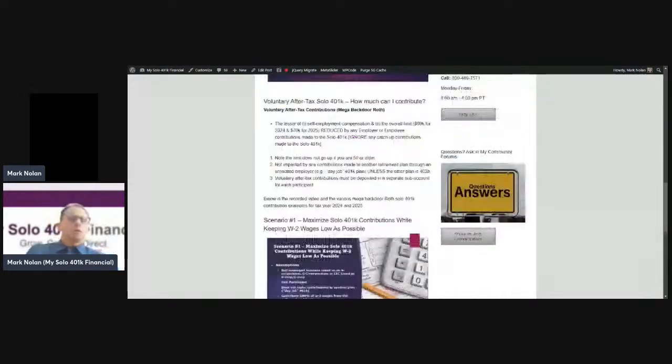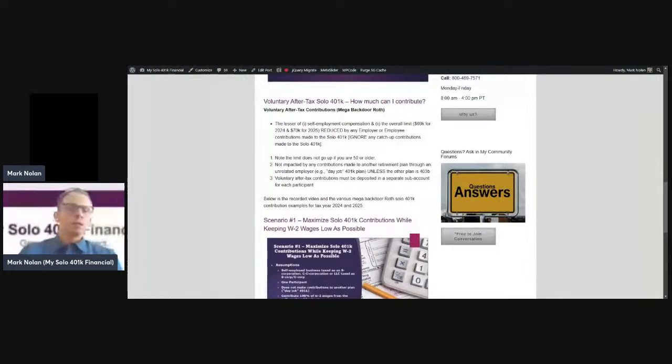So voluntary after-tax solo 401k contributions when your self-employed business is an S corporation, how much can you contribute? Well, it's going to be the lesser of $69,000 for 2024, and then $70,000 for 2025.